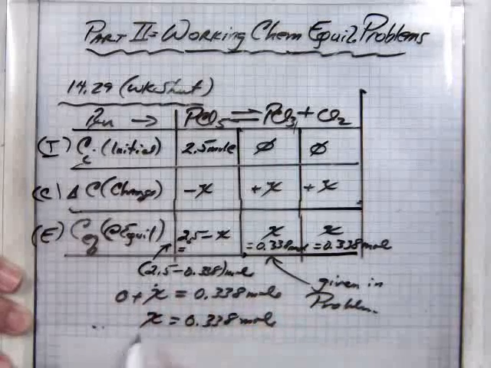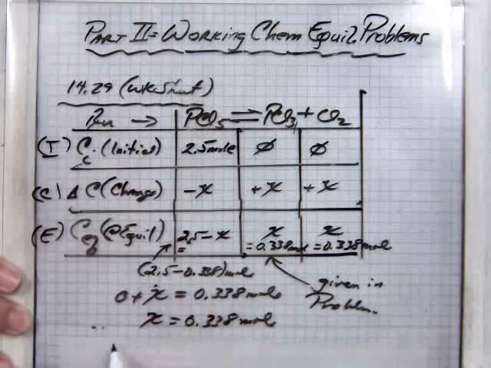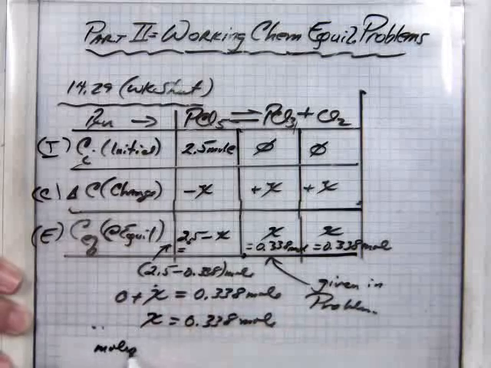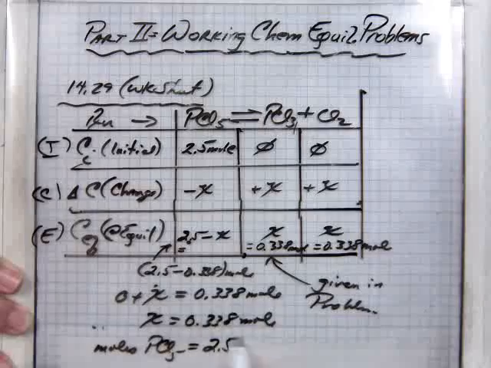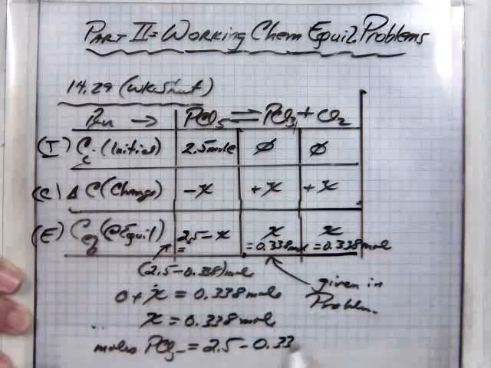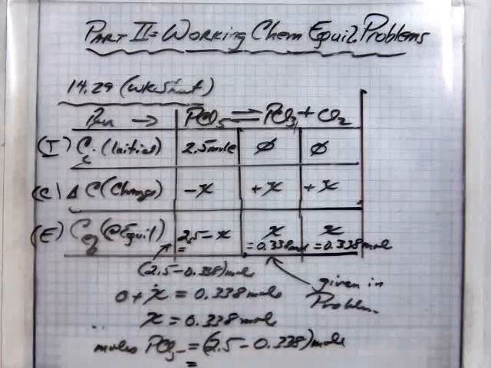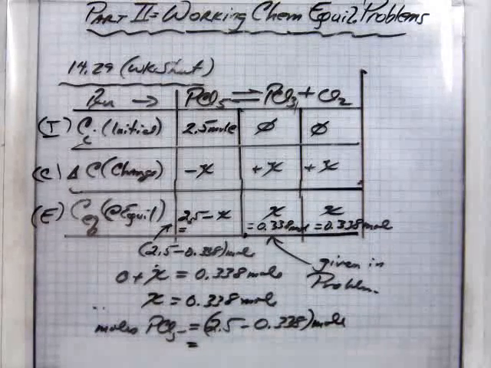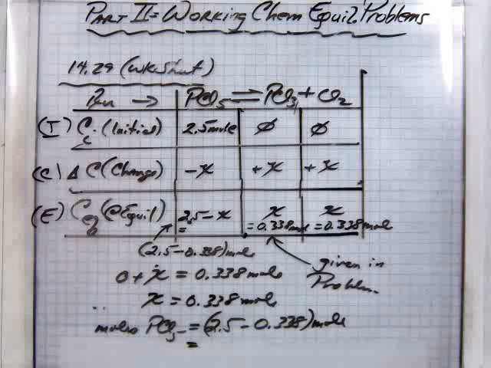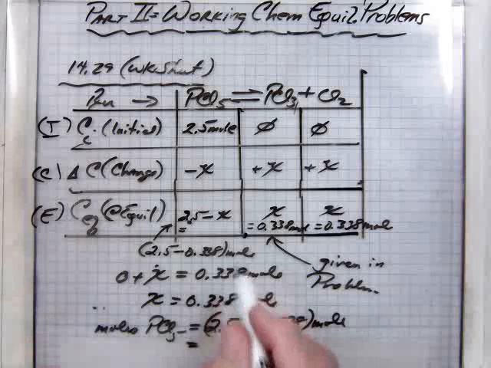So the moles of PCl5 equals 2.5 minus 0.338 mole, which is whatever that comes out to be, 2.162.